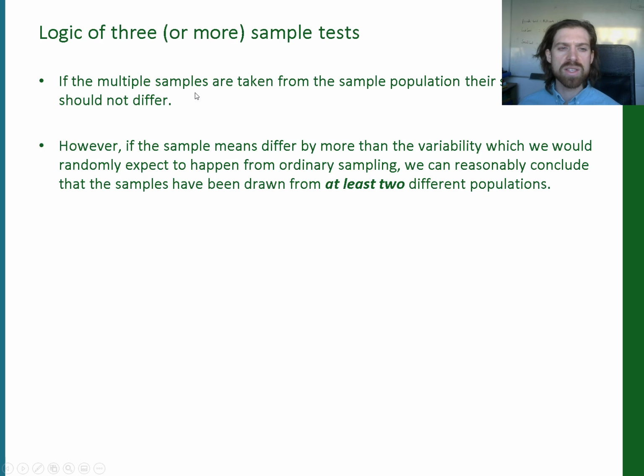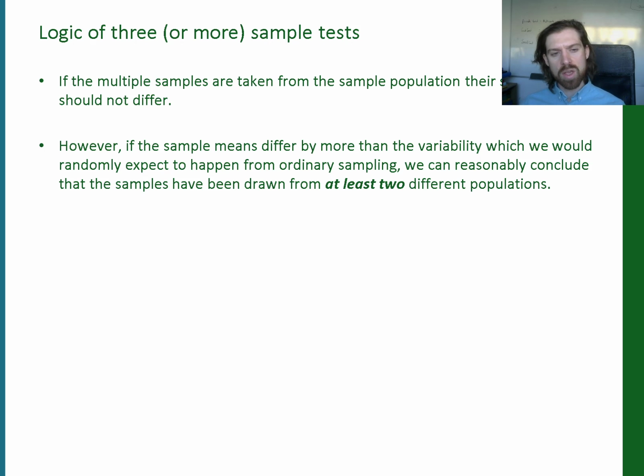The logic behind these tests is that if the multiple samples you have are from the same population, then the sample means shouldn't differ. There'll be some minor difference which you would expect as a result of standard normal sampling variation, but they're not significantly different.